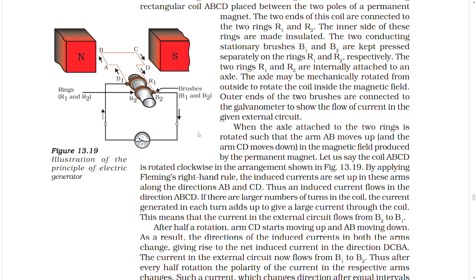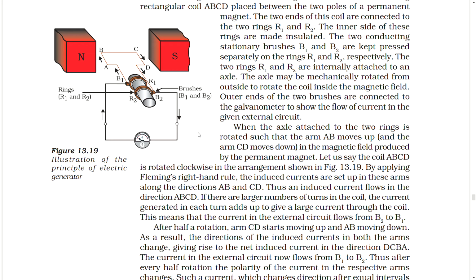Thus, an induced current flows in the direction ABCD. If there are larger numbers of turns in the coil, the current generated in each turn adds up to give a large current through the coil. This means that the current in the external circuit flows from B2 to B1.